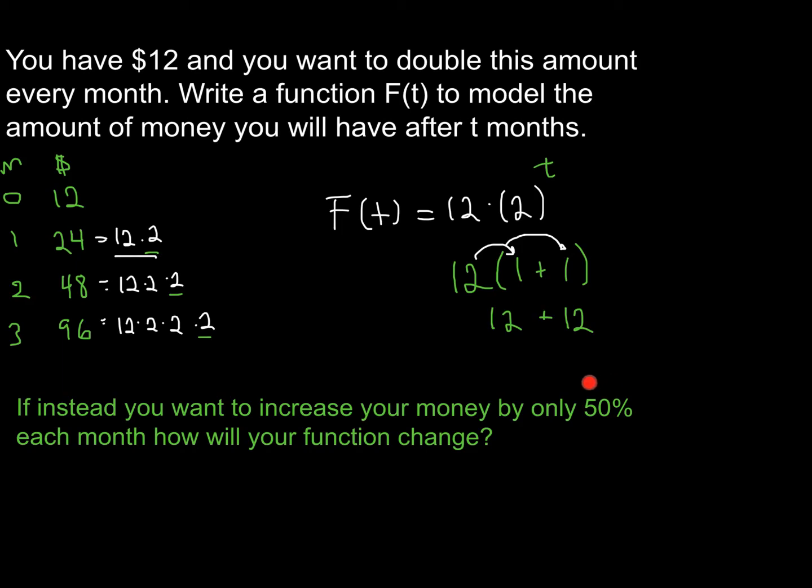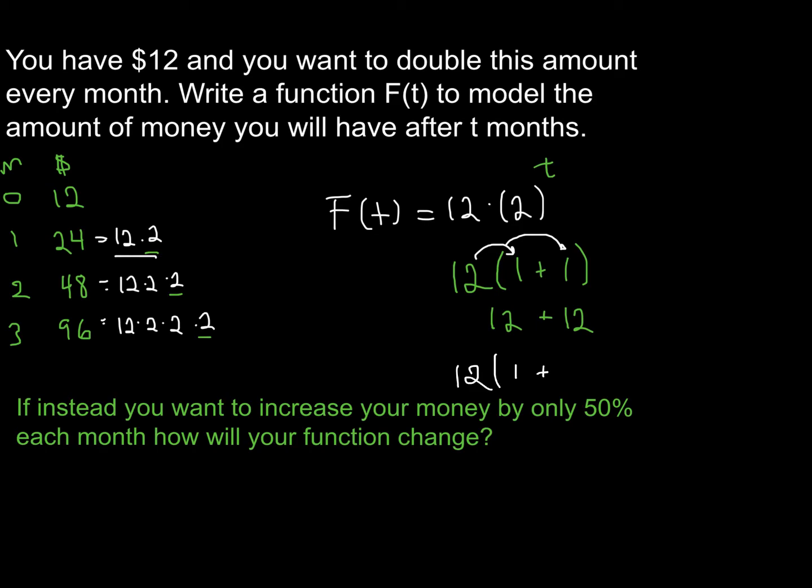So if I'm thinking about increasing my amount by 50%, what I might want to consider is if I have $12 and I want to increase by 50%, I'm going to need to multiply by 1 to keep the original 100%, because I'm increasing by 50%. And then I need to add on 50%.